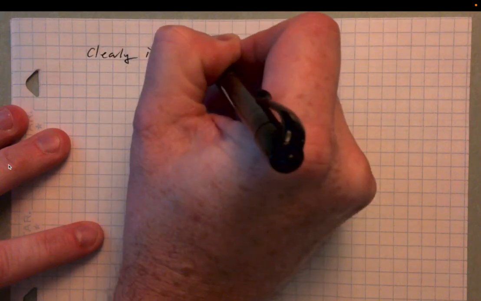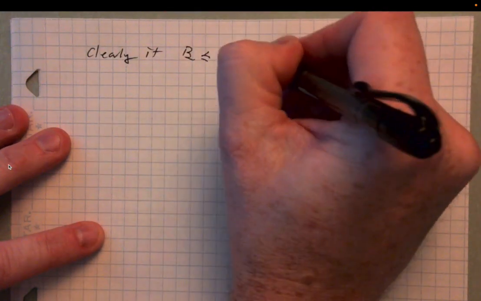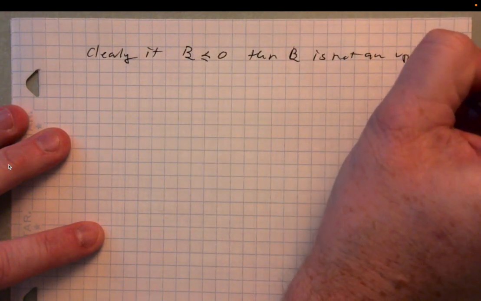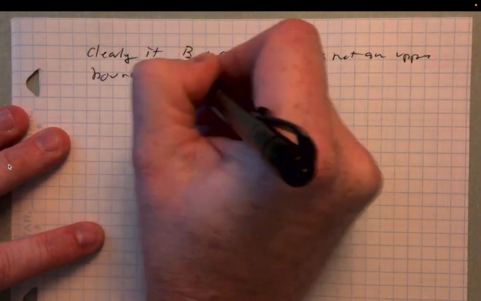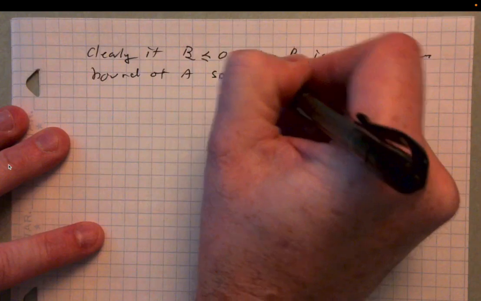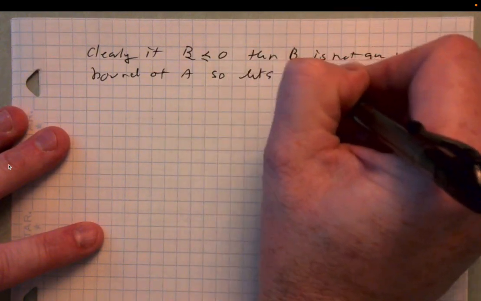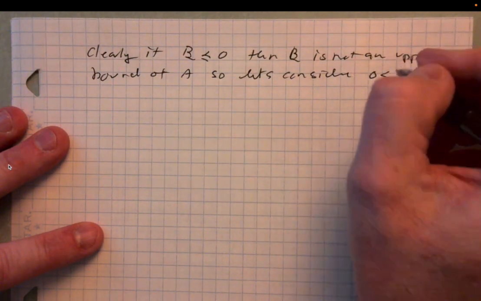Okay, so here's what we'll say clearly. If beta is less than or equal to 0, then beta is not an upper bound of A. So let's consider just the betas between 0 and 1.